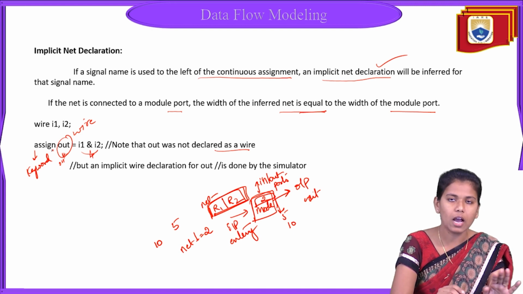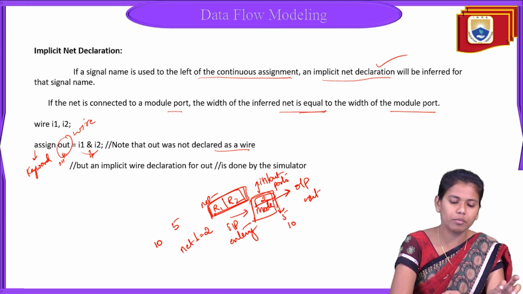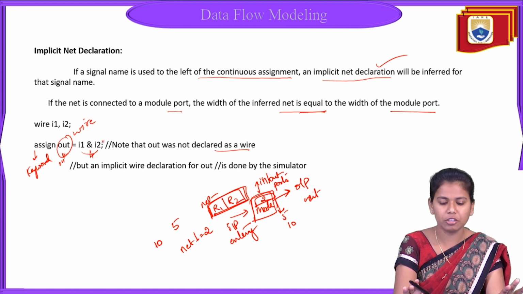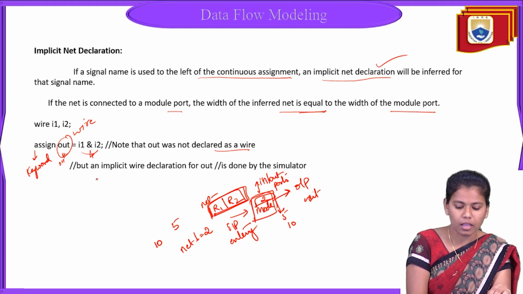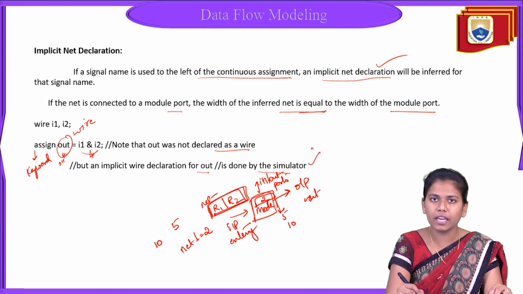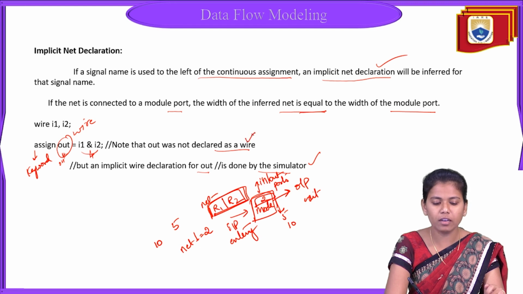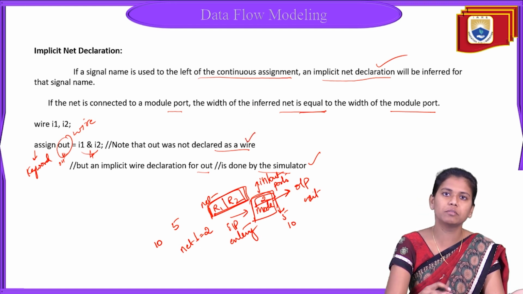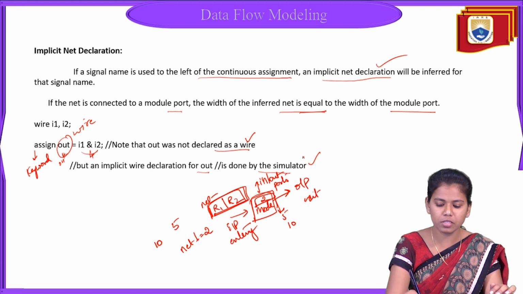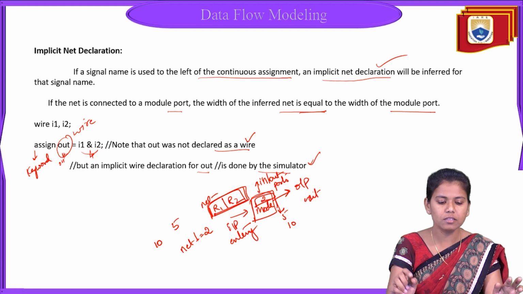Simply assign out equal to the concatenation of I1 and I2 is sufficient. But an implicit wire declaration for out is done for the simulator. In the Verilog simulator, if needed, it can automatically change. That means the keyword wire can be changed to the output, or the output can change to the net. The changes can be seen automatically inside the simulator.